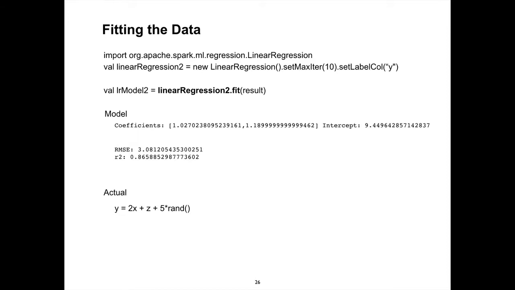It's now f of X comma, what I call it, Z. It's going to be 1.07 times X plus 1.1899 times Z plus 9. And actually, R squared is lower, which you'd expect because we don't have exact data.